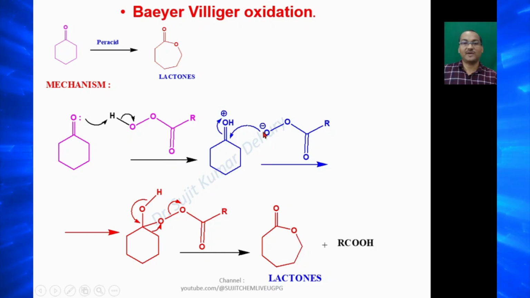RCO3 minus will attack this carbonyl carbon and this double bond will break on O plus. As a result, you end up with this intermediate. When this bond comes here, the sigma bond migrates. This C sigma bond migrates to the oxygen, and this O bond will break on oxygen atom. As a result, you will end up with lactone plus carboxylic acid.